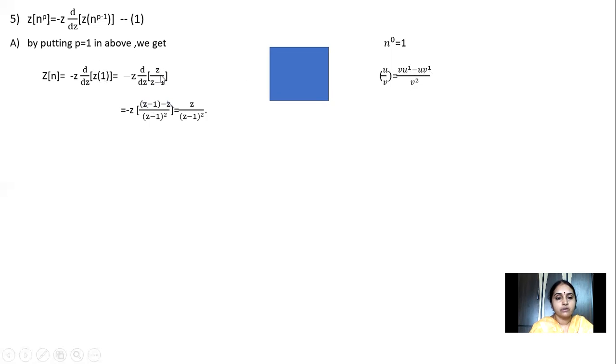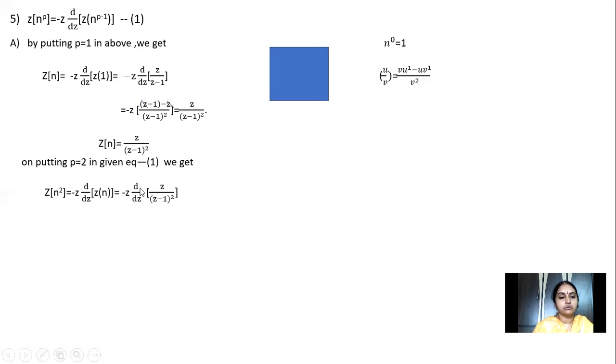So this is u, this is v, v square, into numerator: v into (z minus 1), z differentiation is 1, minus z into (z minus 1) differentiation is 1. These two cancel. You will get minus of minus, plus z by (z minus 1) whole square. Z of n equal to z by (z minus 1) whole square.